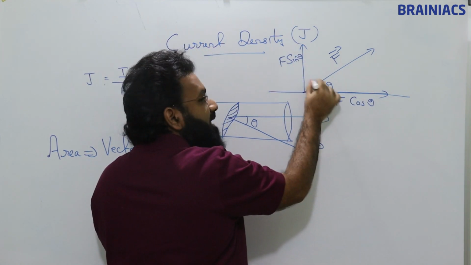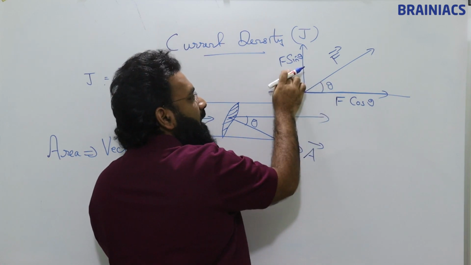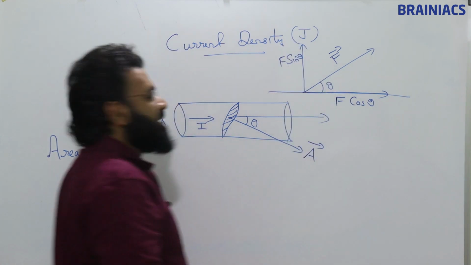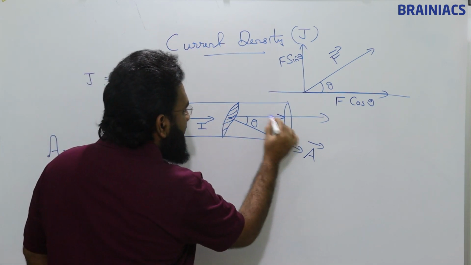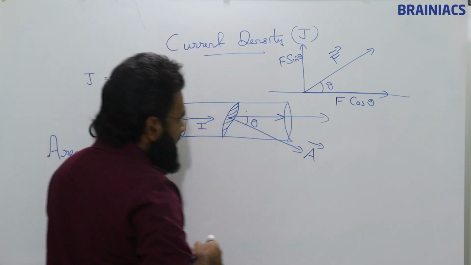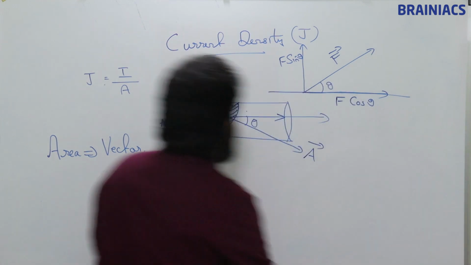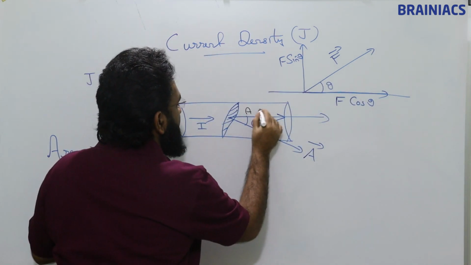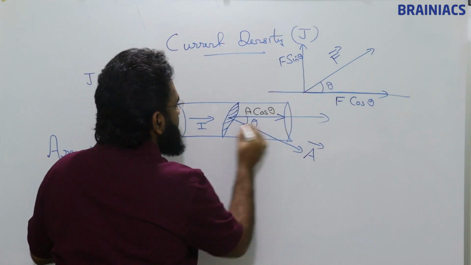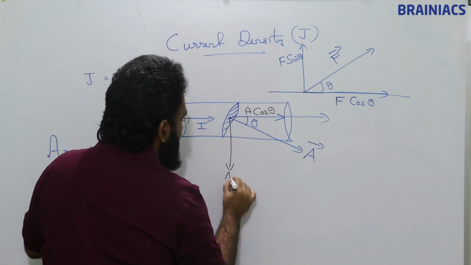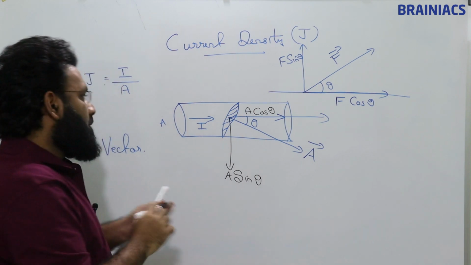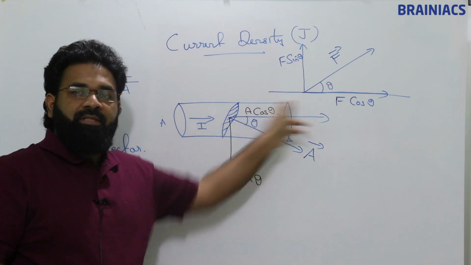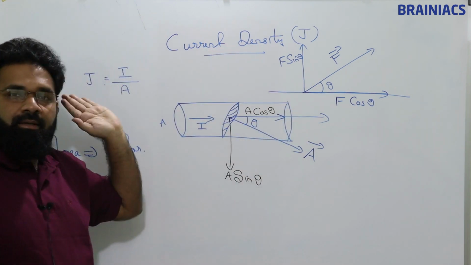If the theta is given like this here, then this should be f cos theta and this must be f sin theta. So if I resolve this vector, then I will be getting this as a cos theta and this will be a sin theta. So a cos theta direction is that, a sin theta is this.